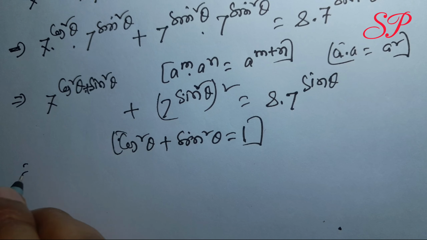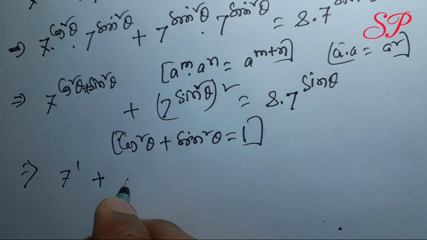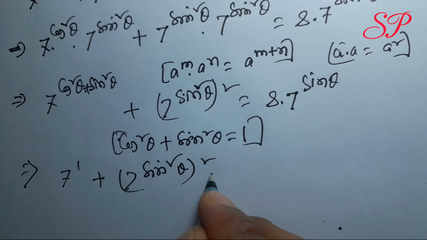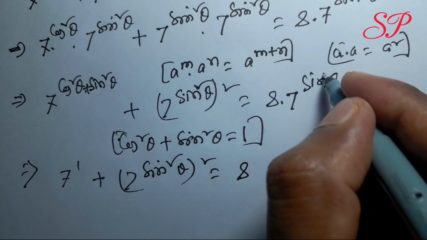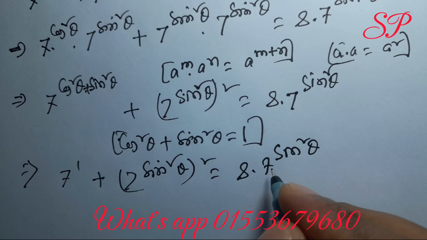So we can write 7 to the power 1 plus 7 to the power sin square theta all squared is equal to 8 into 7 to the power sin square theta.